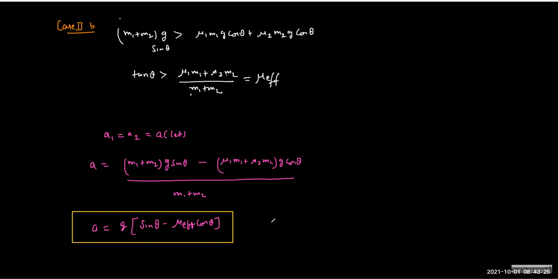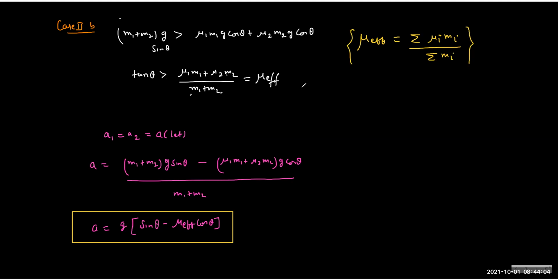So as long as they are moving together, for a two block system, the answer is always like this. In fact, if we have a 3, 4, 5, 6, 7, 20 block system, and if they are moving together, then the acceleration of the system is always this formula, where in general, for any number of blocks, mu effective is the summation of mu_i m_i upon the summation of m_i.